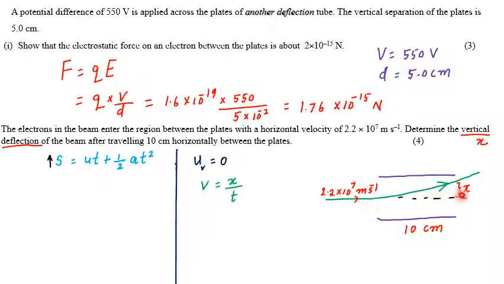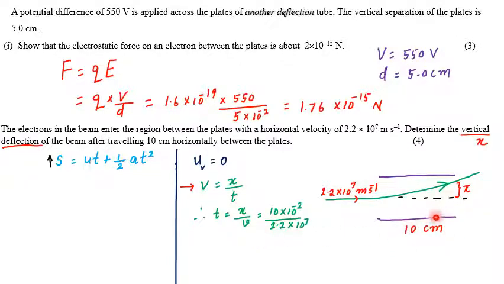In the horizontal direction, no force is acting on this electron. The direction of the force acting on the electron is vertically upward. Hence, we can use the equation velocity is equal to displacement over time in the horizontal direction. Or if you rearrange it for time, we can write time is equal to displacement in the horizontal direction divided by velocity in the horizontal direction.